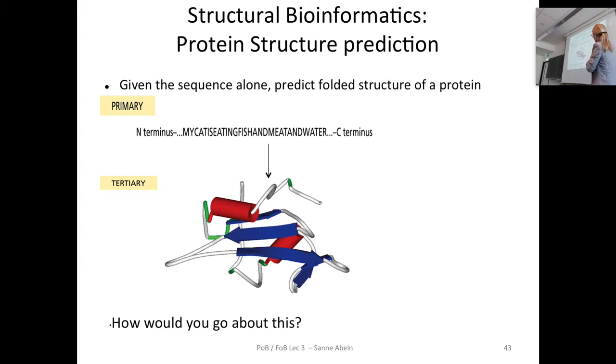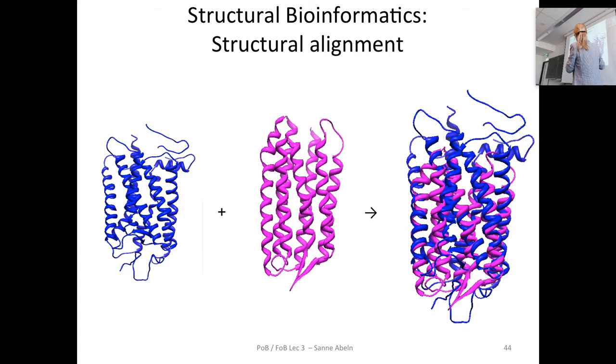So this is the first one: given a sequence, predict the structure of the protein, either the tertiary structure or the secondary structure. The other problem I just mentioned is what if we want to compare two structures and see how similar they are. This problem is really important for today's lecture and for your project in the course, because it's this type of algorithm, and we consider the annotated and curated output.